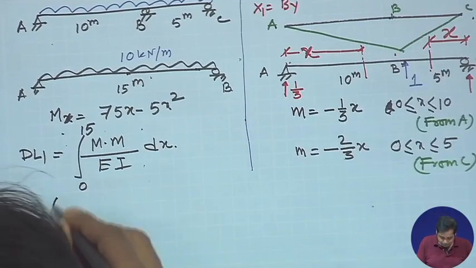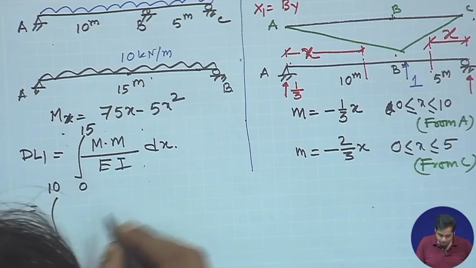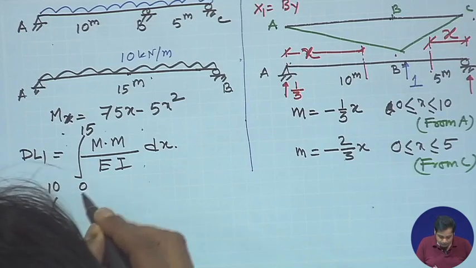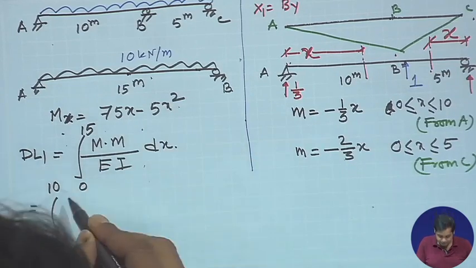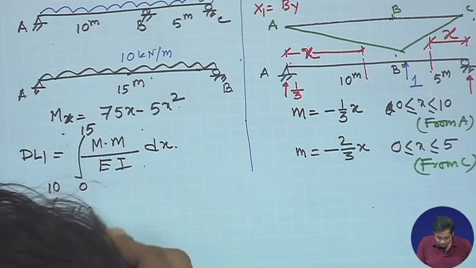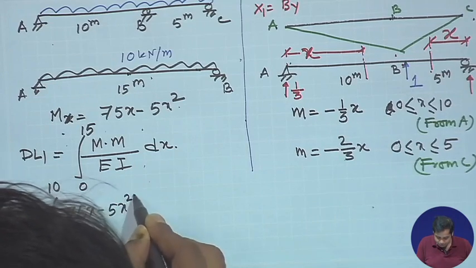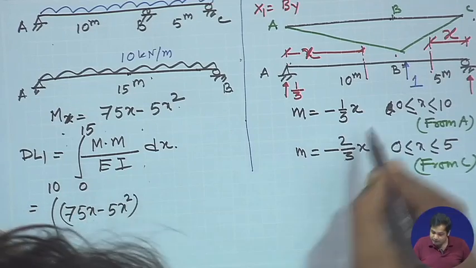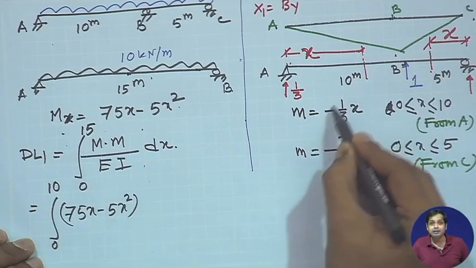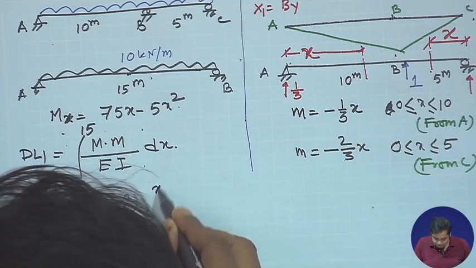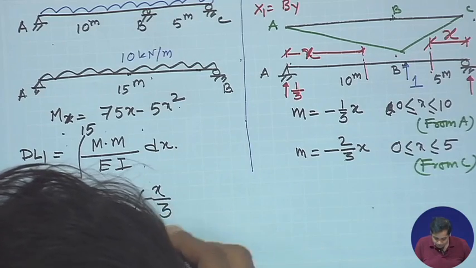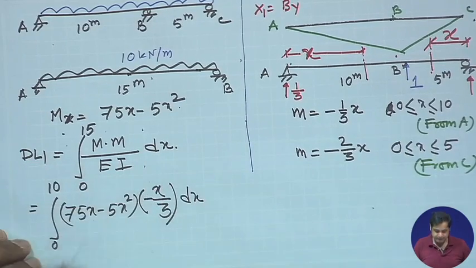So, this becomes 0 to 10, m is this value 75 x minus 5 x square, and small m is minus x by 3, dx. Okay.